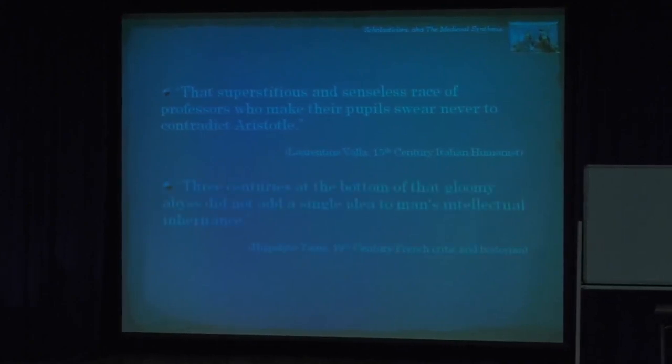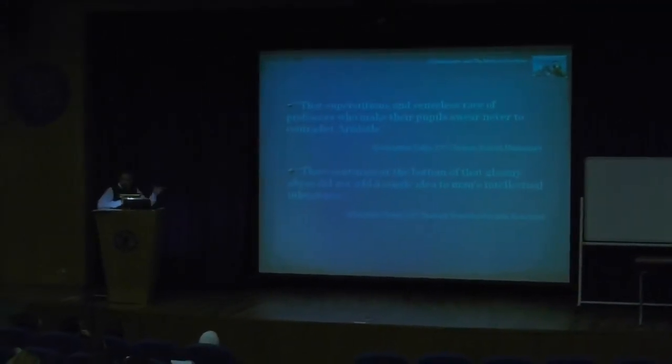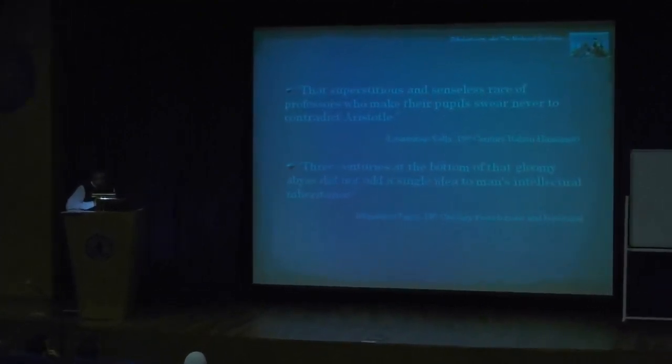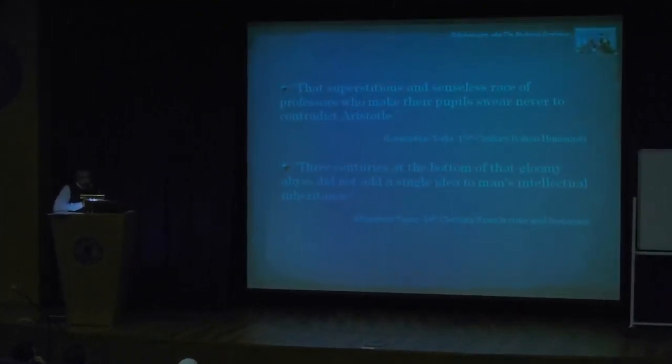Aristotle, of course, factors big into the picture. So not exactly a positive refrain. And it gets echoed still in the 19th century with Hippolyte Taine, again speaking about the medieval, scholastic era, who says these are three centuries at the bottom of that gloomy abyss, and did not add a single idea to man's intellectual inheritance.